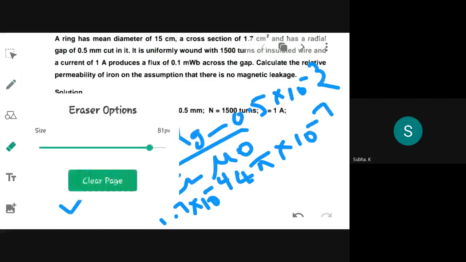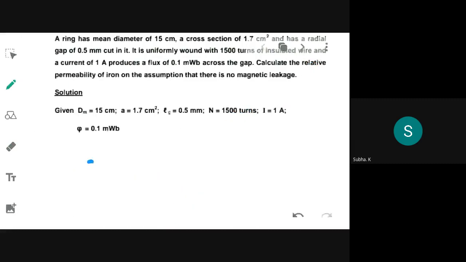The next thing is you need to find out the total reluctance. So total reluctance is given by what formula? There is one relationship relating reluctance, MMF and flux.